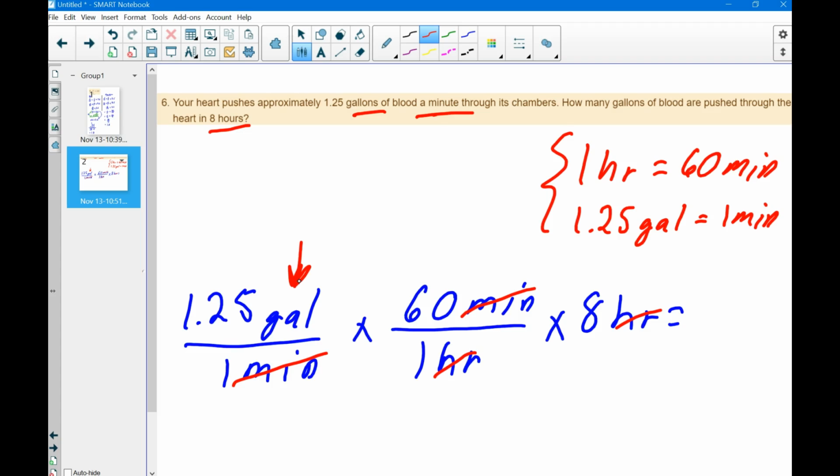Even if you don't know how to solve the problem, you know it's 1.25 gallons per minute, you know it's 60 minutes in an hour, set it up so that the minutes will cancel, set it up so that the hours will cancel, and you're left with the unit that you need. So that's using dimensional analysis. Even if we had no idea how to solve the problem, we just solved it because we know how to follow the units. We end up with gallons, and then we can use our calculator to do the dirty work if you want to.